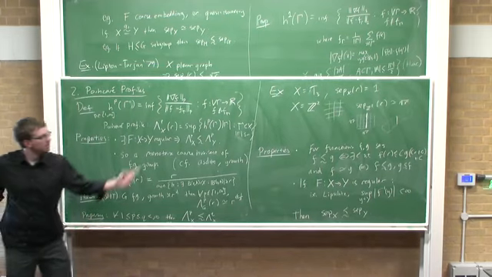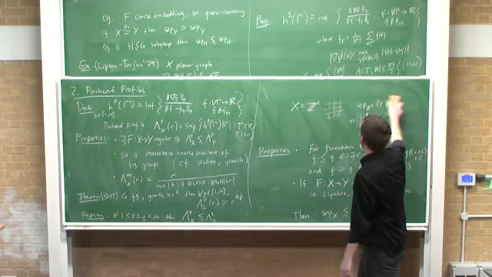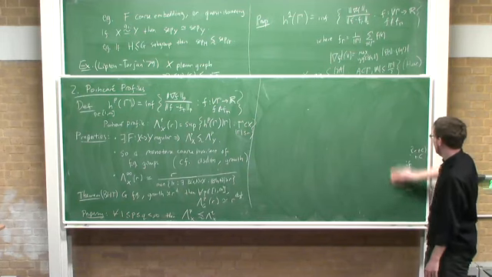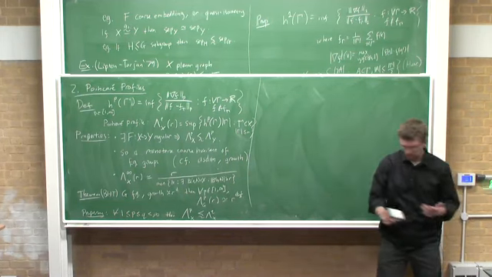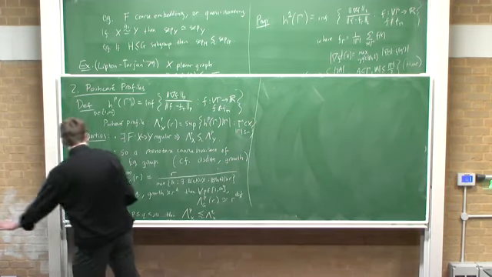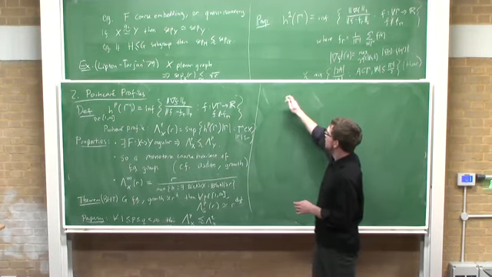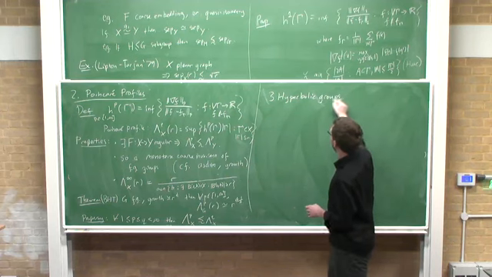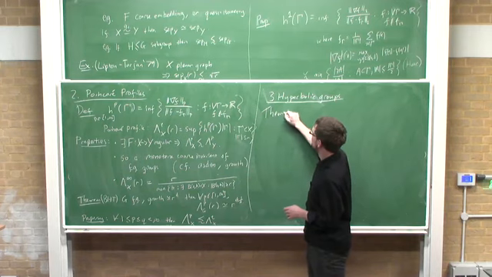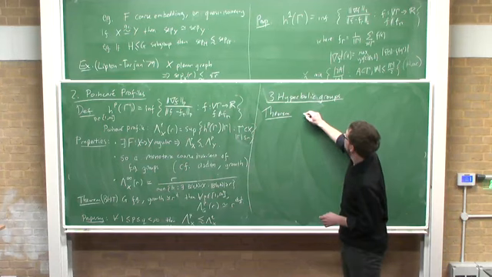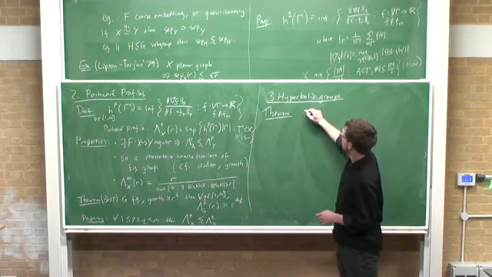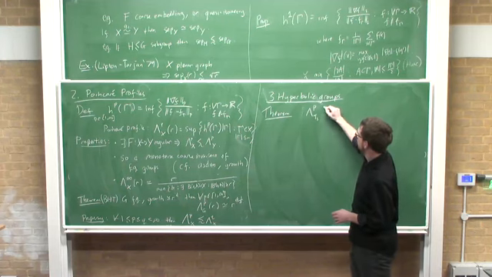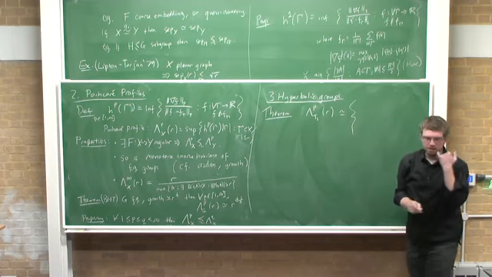Okay, so hyperbolic groups, for example, the free group. So if we have a tree, then we calculate the P profile.